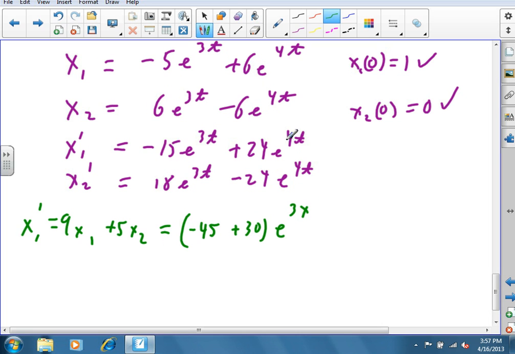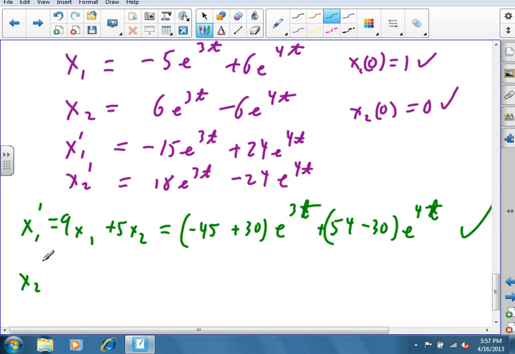What's that, 54 minus 30, e to the 4t, changing variables there. Here I've got minus 15, there I got minus 15, over here I got 24, I got 24, check.